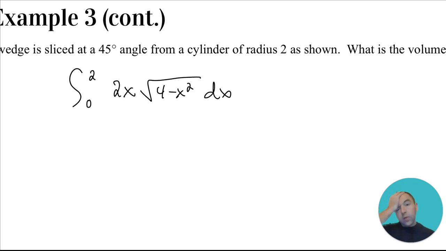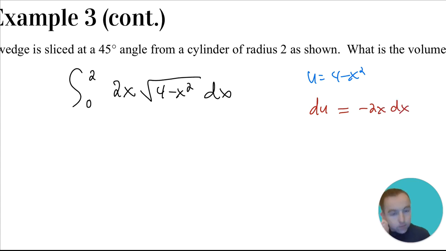This would be something that we'll probably need to use u substitution on, because you've got something that has x multiplying with another thing that has x in it. So you'll want to let your u be equal to the function that's inside of the square root. So we'll set u to equal 4 minus x squared. That implies that the derivative of u with respect to x would be negative 2x dx.